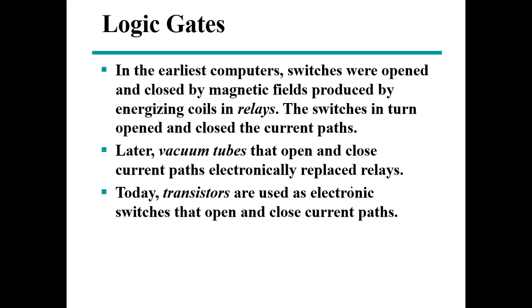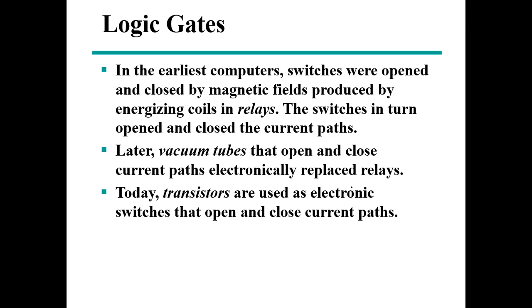So logic gates are basically used for implementing boolean functions, and they are physical electronic circuits. They use transistors. In the earlier days before transistors were invented and transistors were integrated into ICs or integrated circuit chips. So before that, there were vacuum tubes.